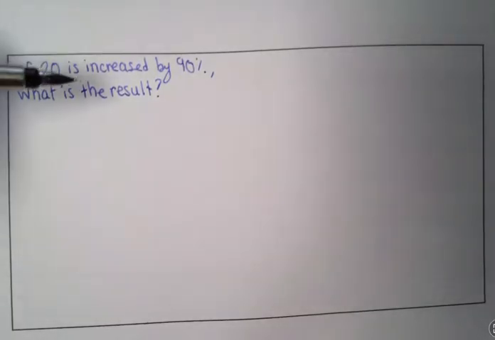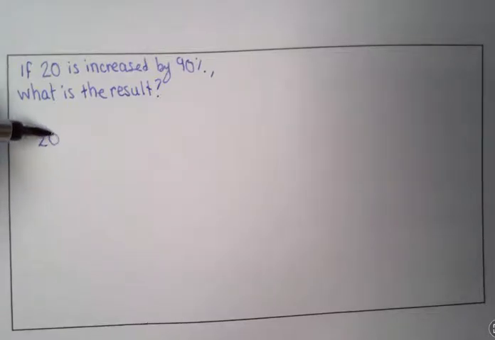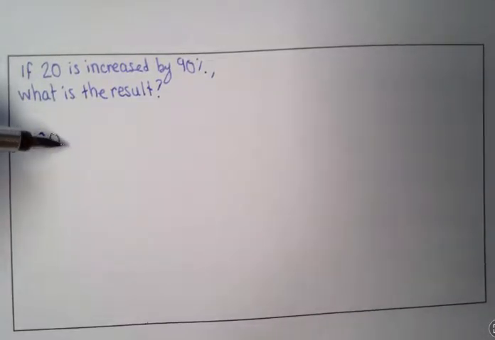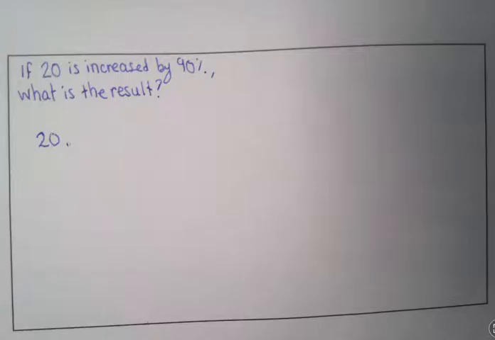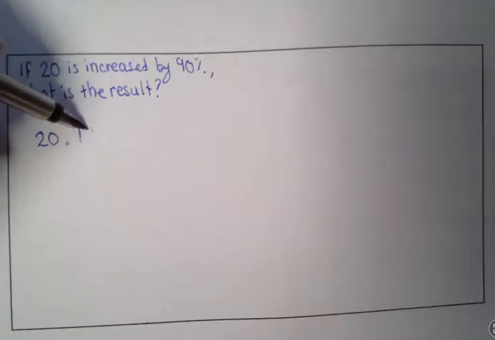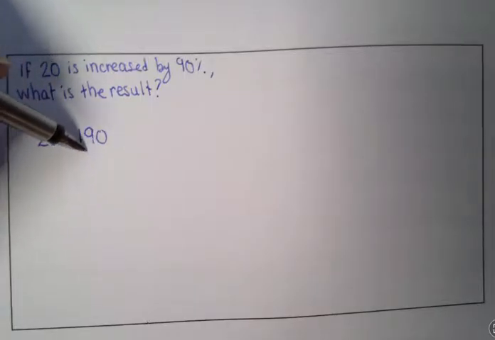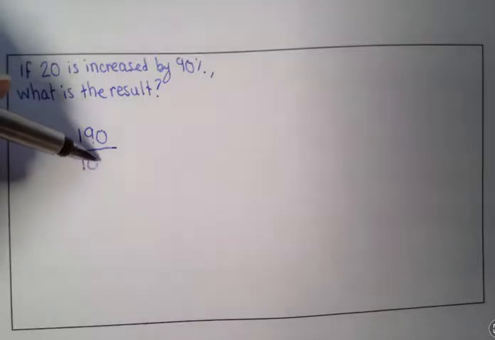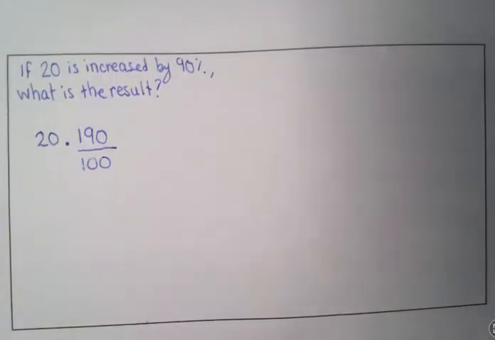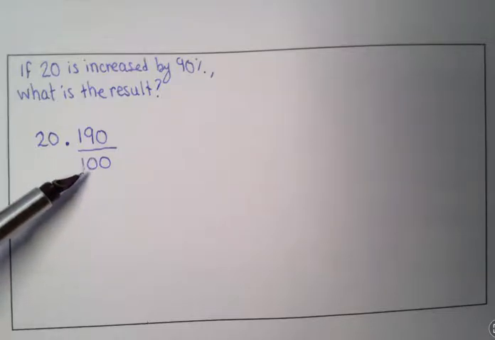We're going to translate this into a mathematical expression. So we'll start with 20. And it's increased by, so I'm going to be multiplying it by not 90%, but 190%. Remember percent means over 100. So if I take 20 and multiply it by this, it's going to get bigger.